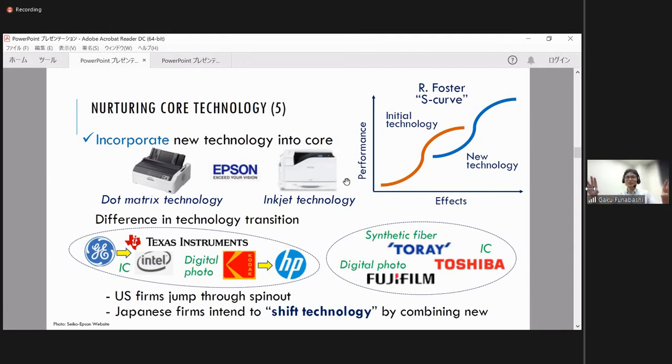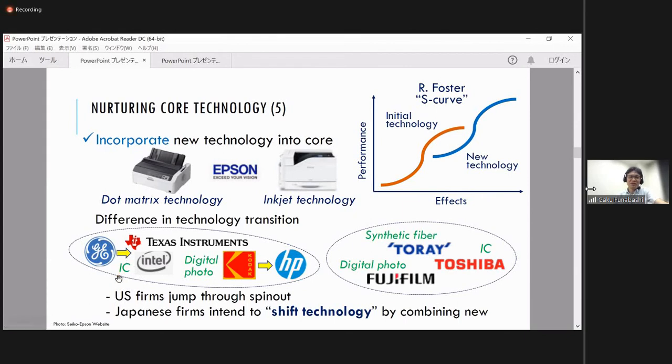The difference between the two countries' corporate systems I will explain in more detail on Thursday. But today, let me just introduce it briefly. In the case of the US, in many industries, when the technology develops, the main player changes.